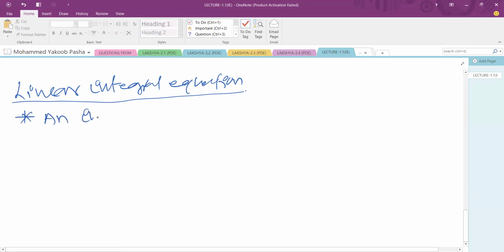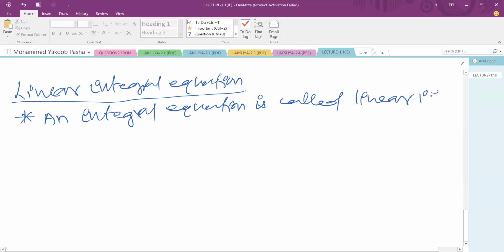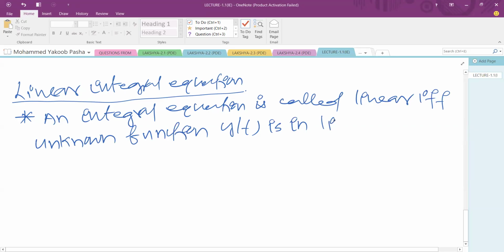An integral equation is called linear if and only if the unknown function y of t is in linear form.